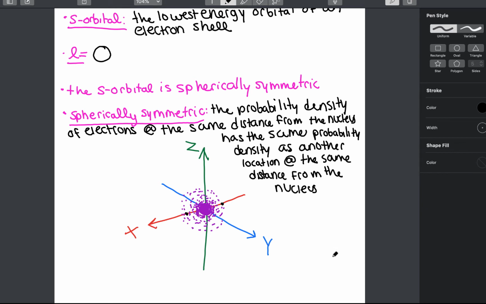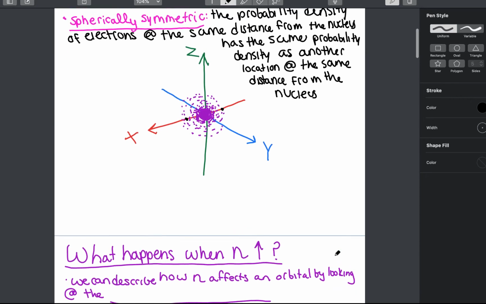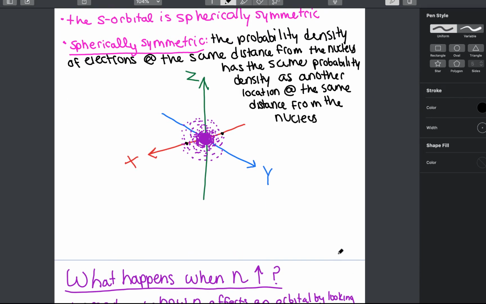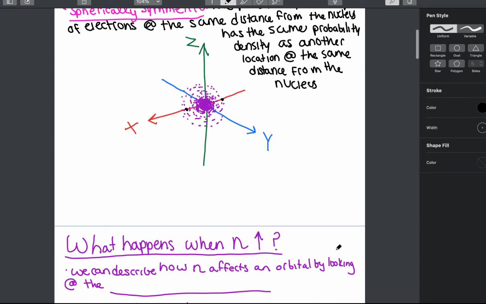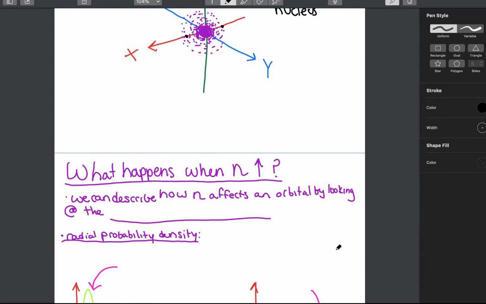Although the s orbital has a spherical shape, what happens when the n value, or the principal quantum number, increases for the s orbital? So the only way that we can describe this is through radial probability density. So we can describe how n affects an orbital by looking at the radial probability density. And recall that n refers to the principal quantum number, which basically states the energy of your particular electron shell.